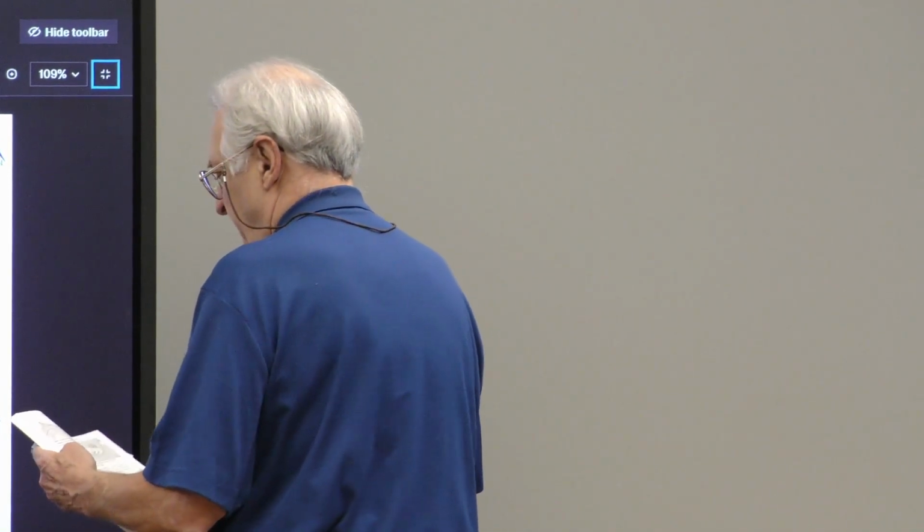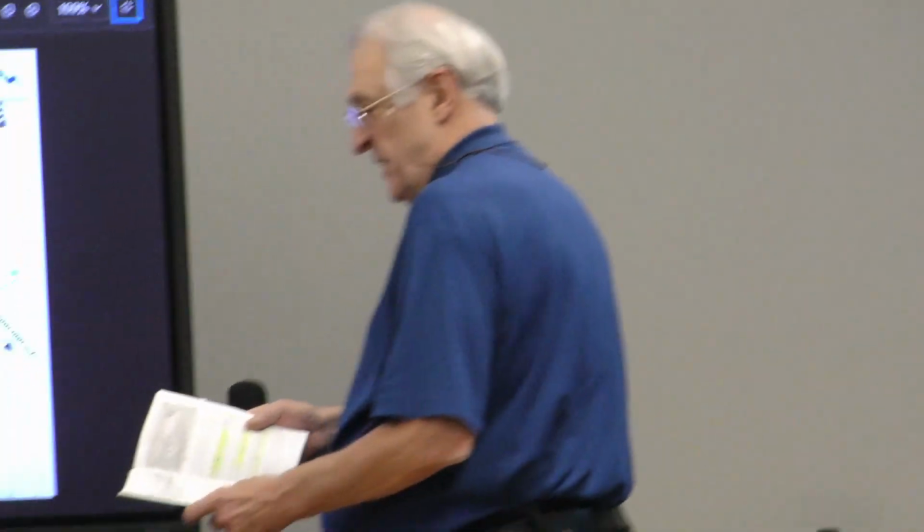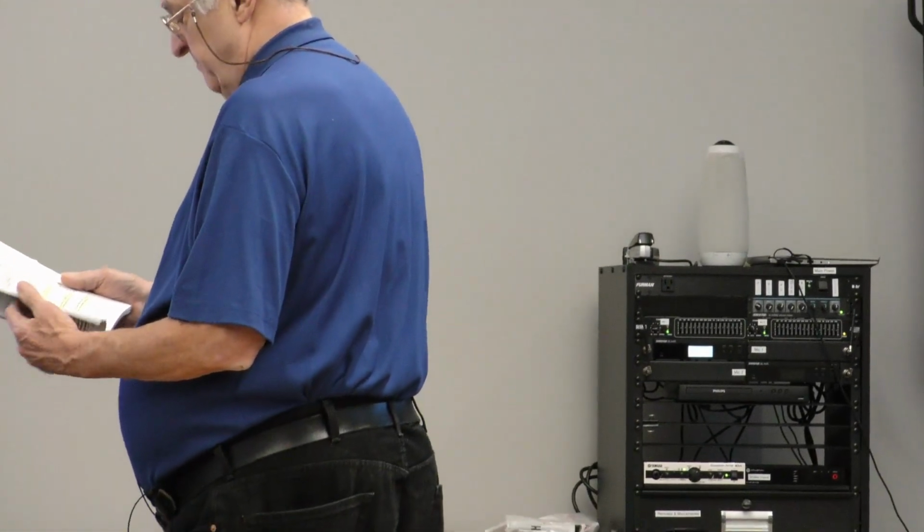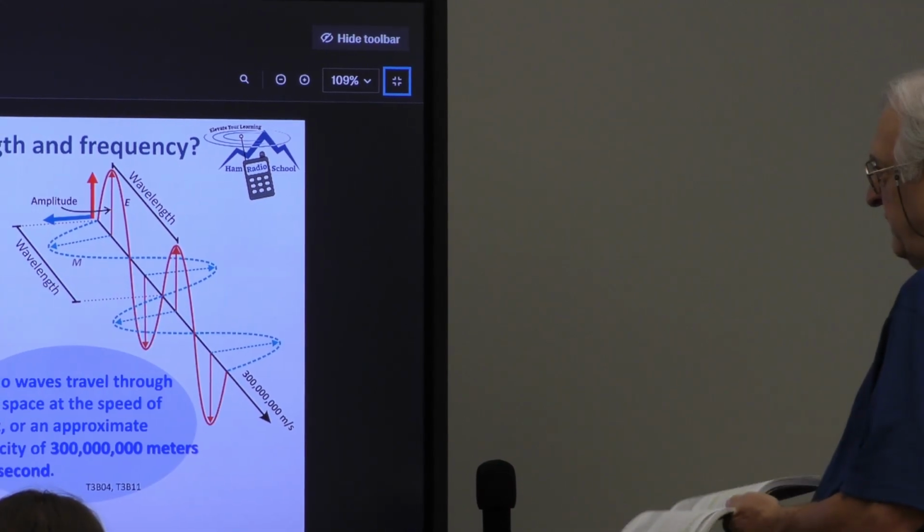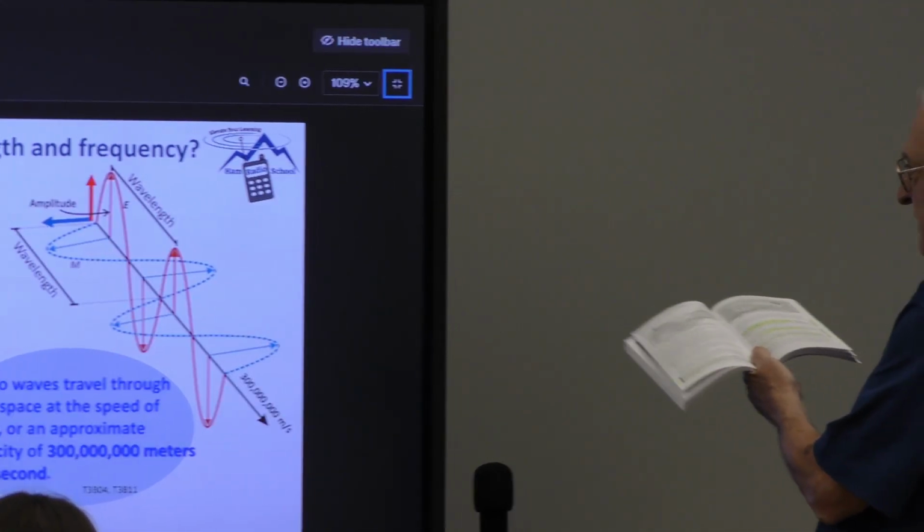If you read the book, he makes an analogy about ocean waves, water waves. It's a good analogy, and he does describe it. The things that you as an amateur are going to really be interested in: electromagnetic waves are composed of 2 components, electric and magnetic fields.